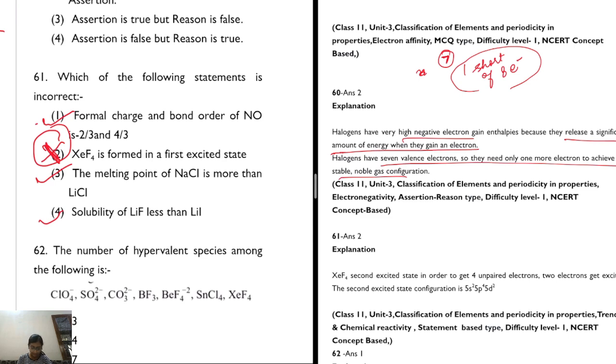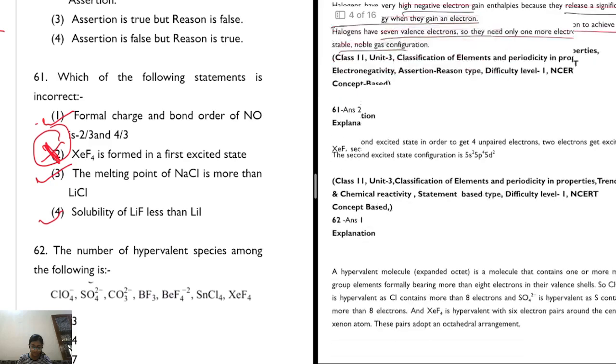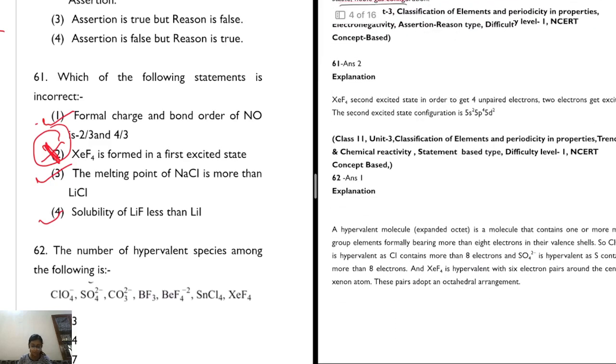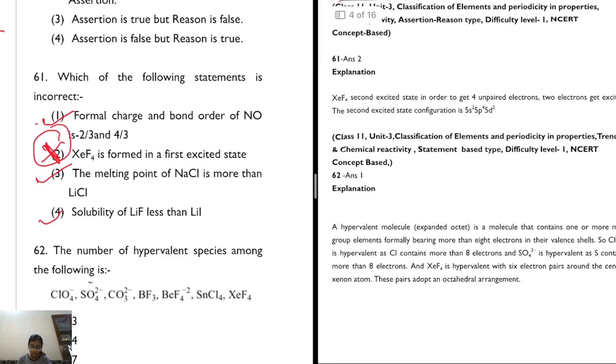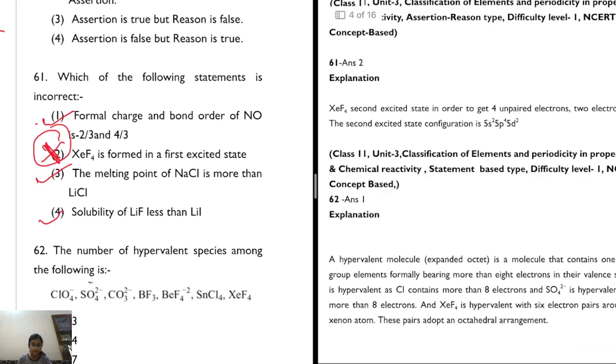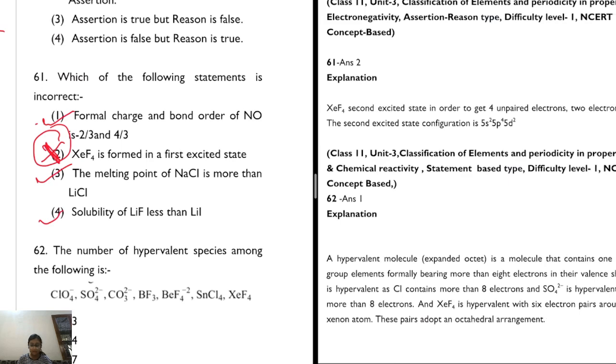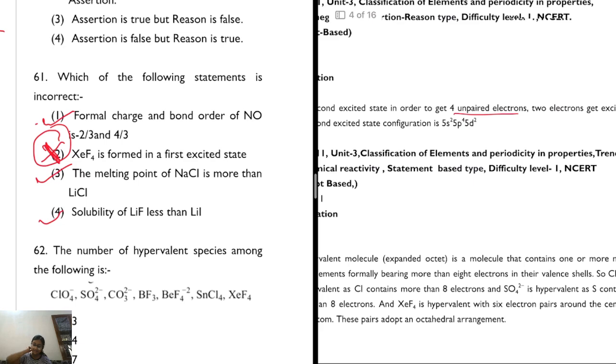Why? Let's see. In XeF4, we have two lone pairs. Okay, and in order to get four unpaired electrons, that is two lone pairs, then two electrons will get excited, for the second excited state.